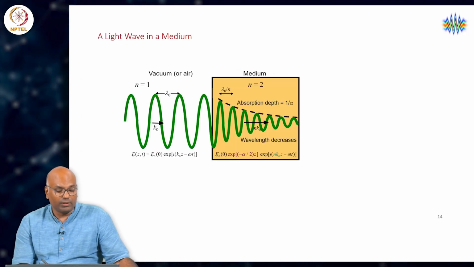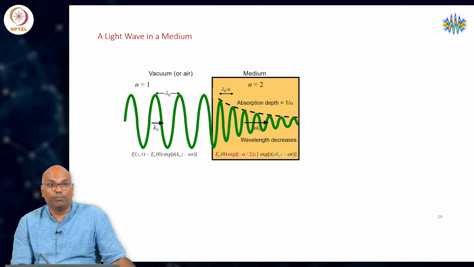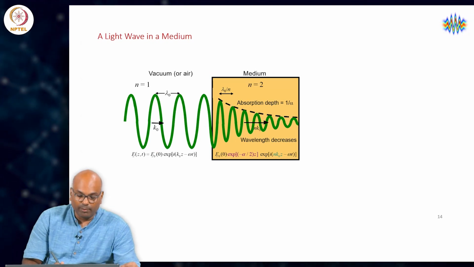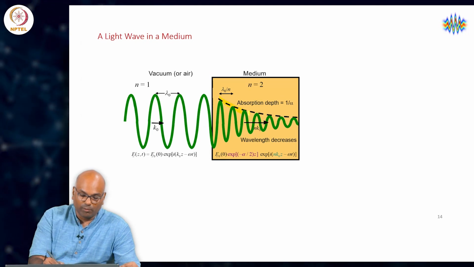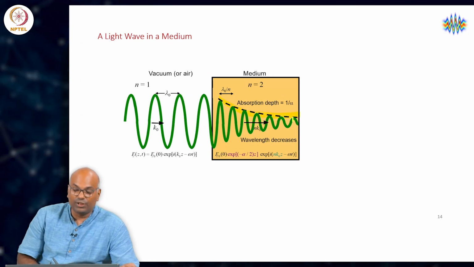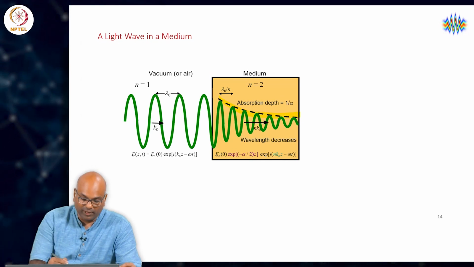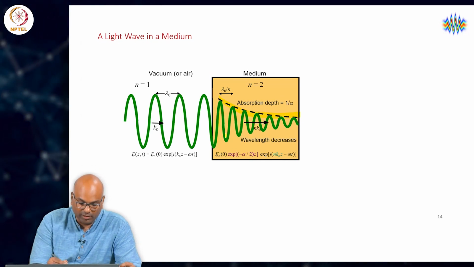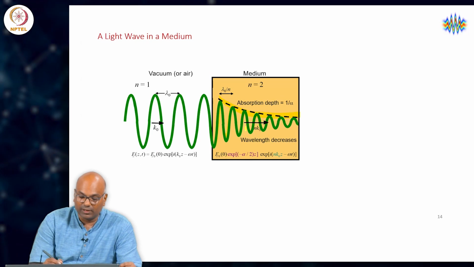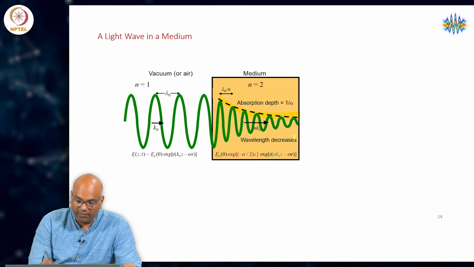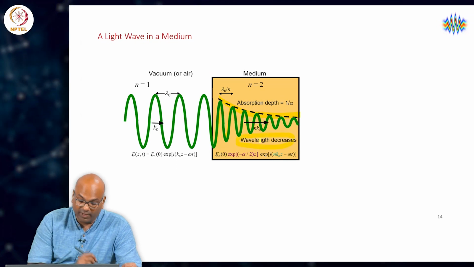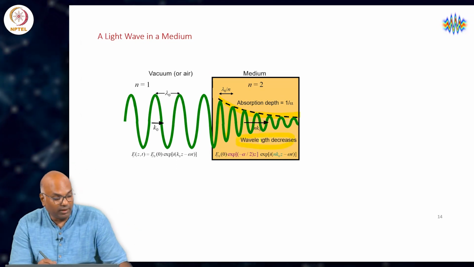All this yields a picture where a light wave in a medium undergoes two kinds of effects. One is absorption and exponential attenuation as a function of length, and the other is a modification of the phase, which manifests through a modification of the effective wavelength that the light wave has in the medium.